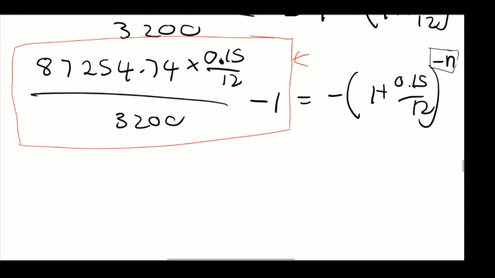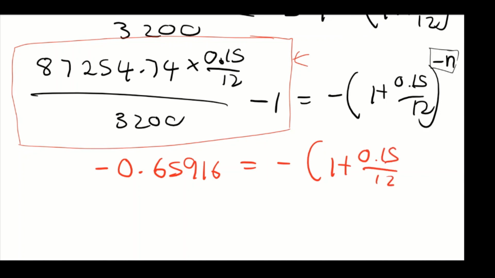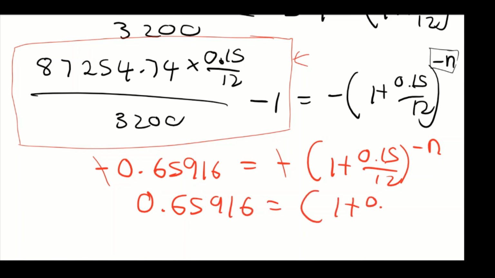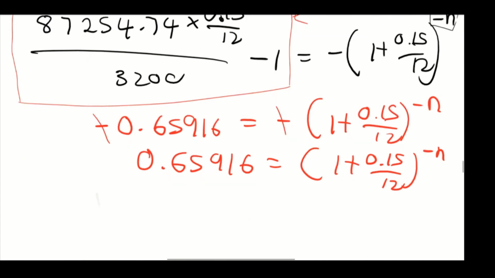So you should get negative 0.65916. It continues, I'm just going to write it to 5 decimal places, equals minus 1 plus 0.15 over 12 to the power of minus n, right? And then the negative will divide out. You'll remain with 0.65916 equals 1 plus 0.15 over 12 to the power of minus n, right?